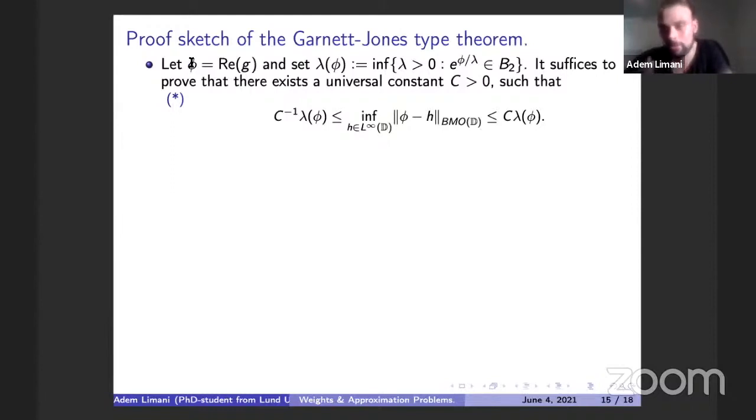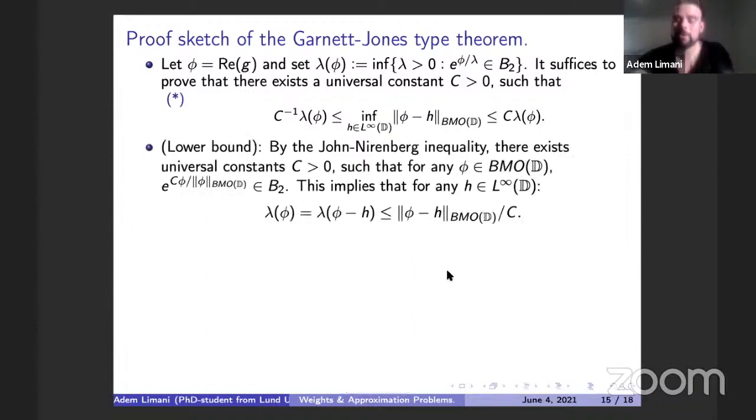Changing the unimodular constant of G doesn't really change the spectrum, it just rotates. So we can prove something about real valued functions. So this is the quantity that we would like to prove. There is a reduction step, and I will try to justify the sketch of this proof.